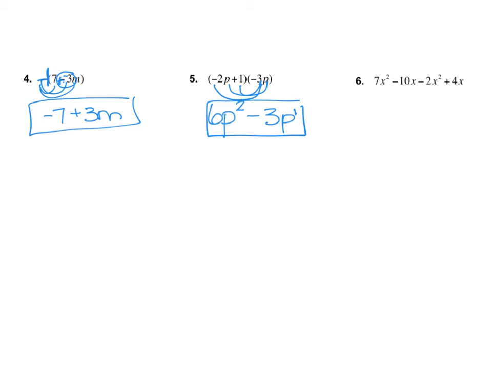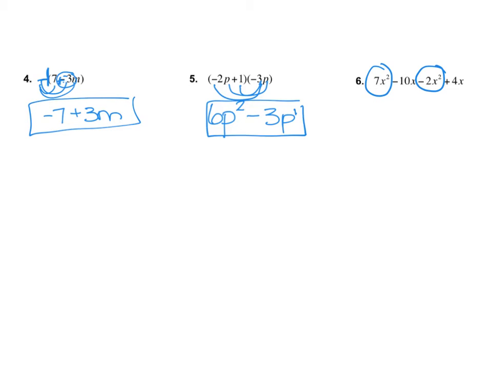All right, so number 6, notice we have 7x squared minus 10x minus 2x squared plus 4x. In this case, notice we're not distributing anything here, but we need to combine those like terms. The like terms I have are the 7x squared and the negative 2x squared.